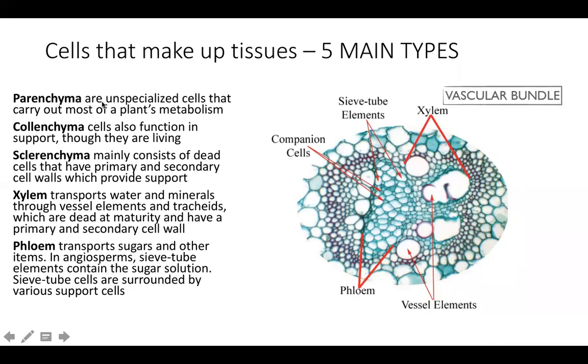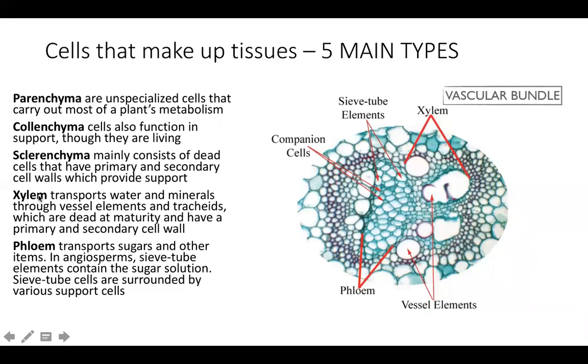Parenchyma are unspecialized cells that carry out most of the plant's metabolism. Collenchyma also functions in support, and the sclerenchyma mainly consists of dead cells that have primary and secondary cell walls, which also provide support. So these are all, again, a part of the ground system.